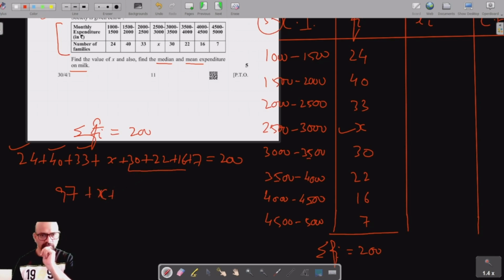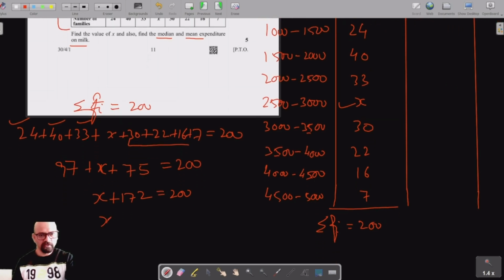Let's add these terms. 30 plus 22 plus 16 plus 7 is 75. Plus 75 is equal to 200, which gives us x. 97 plus 75 is 172. So the value of x is 200 minus 172, which is 28.